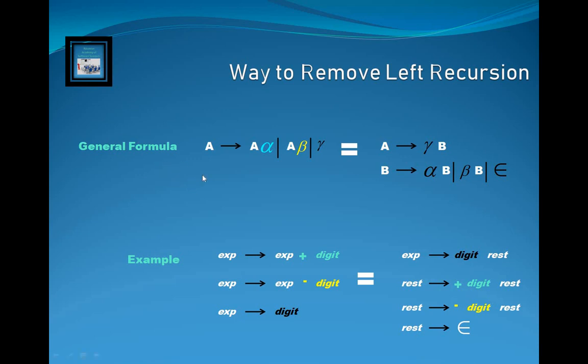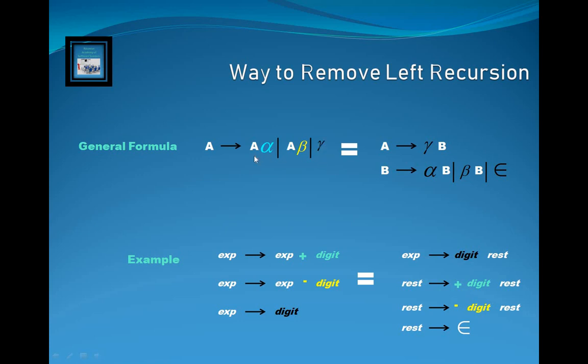The formula was: if some non-terminal is in such a form that there are 2 left recursive productions, and after that there is some non-left recursive production for that non-terminal, then you can remove the left recursion by choosing the right side of the production which is not left recursive.